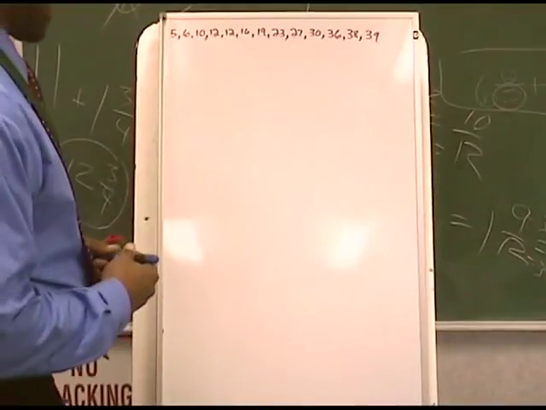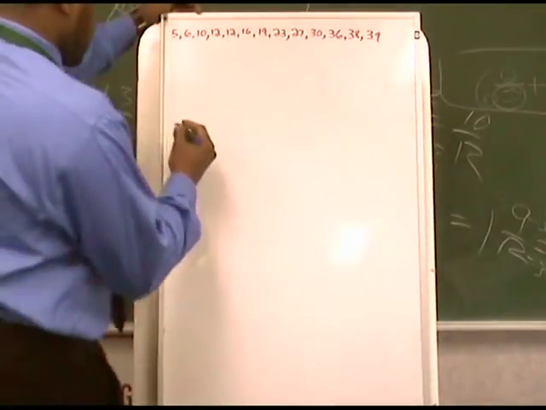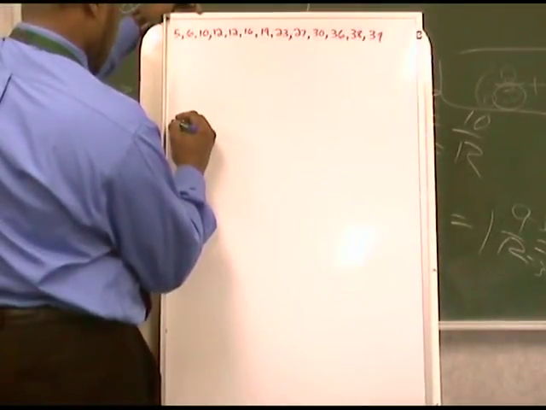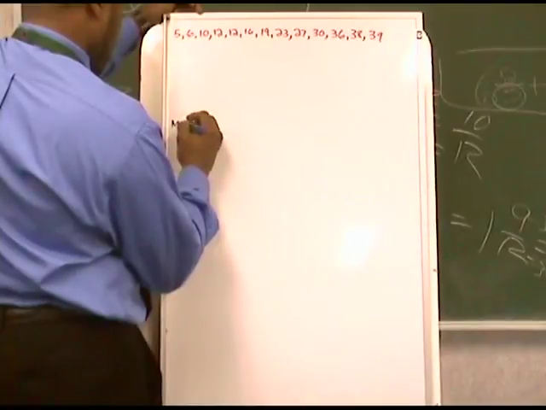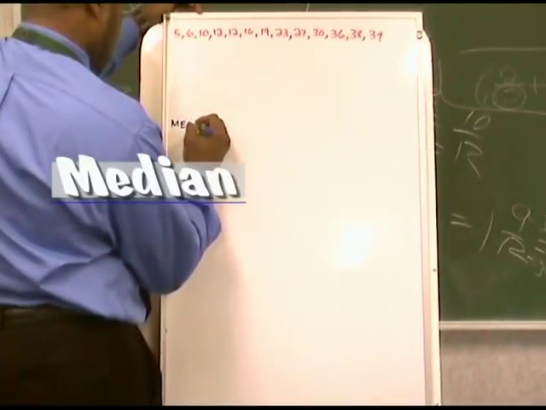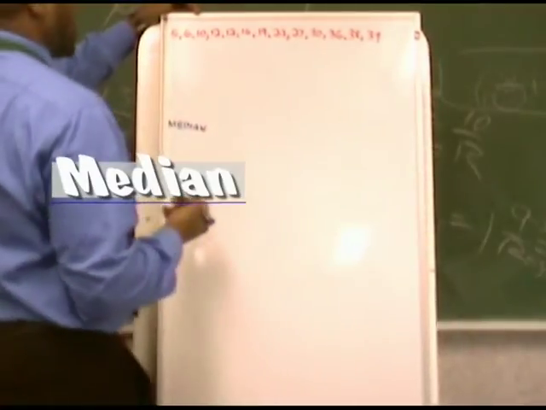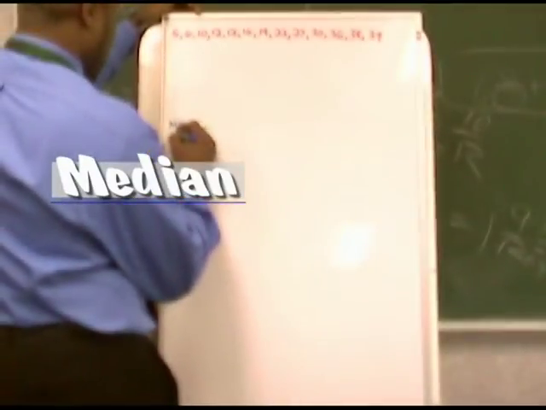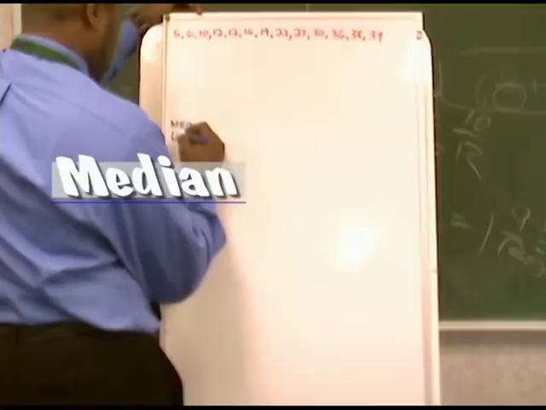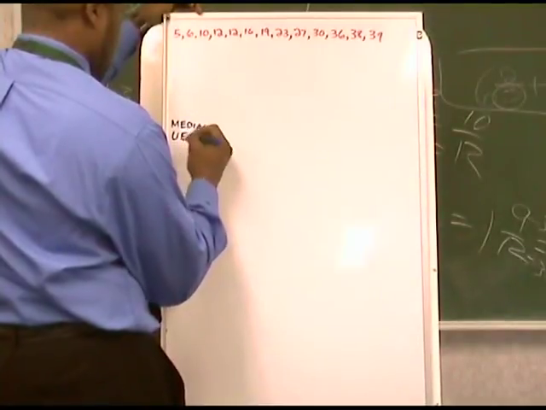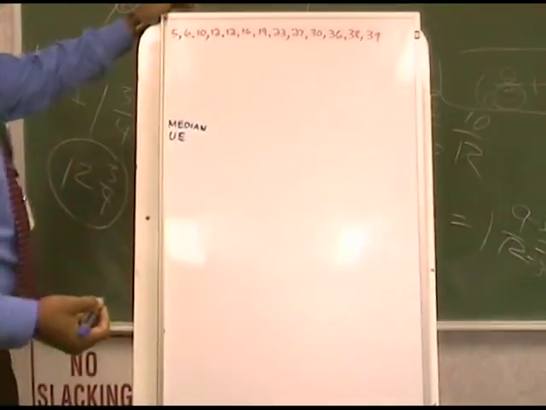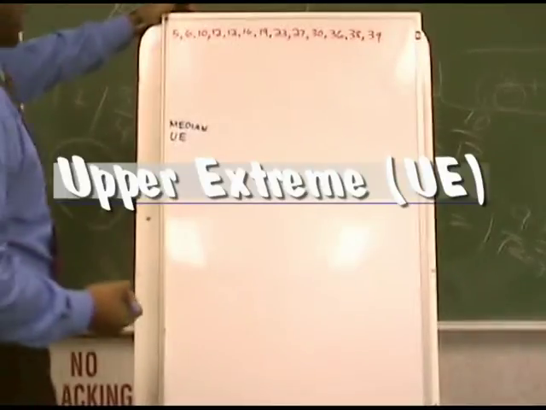There's a certain amount of data that we need to collect when we talk about box and whisker. We need to collect the median. We need to collect what's called the upper extreme, and I'm going to abbreviate that UE.